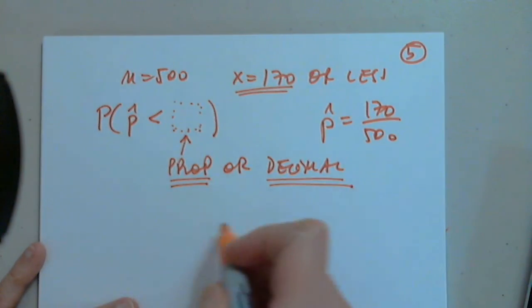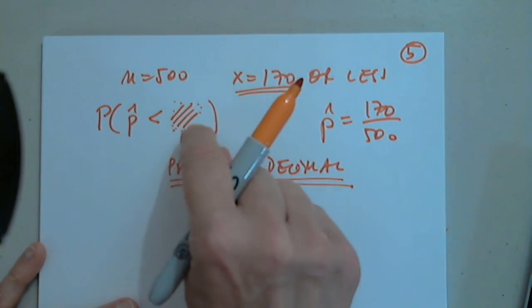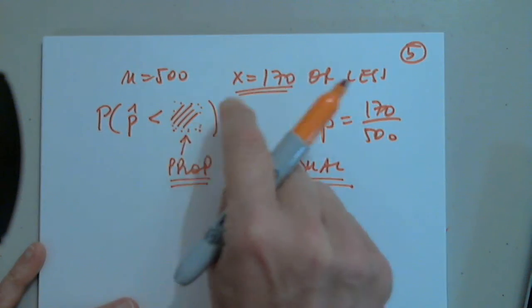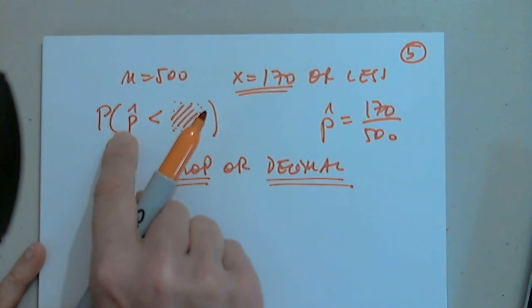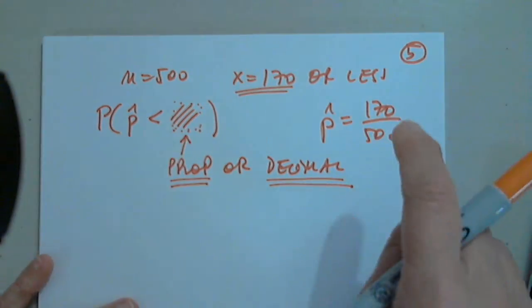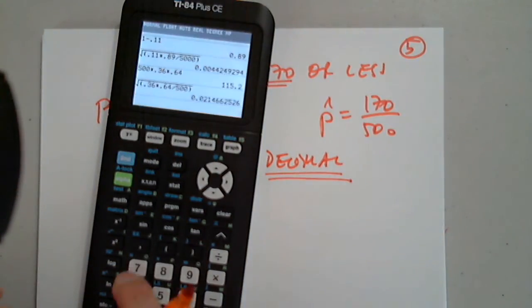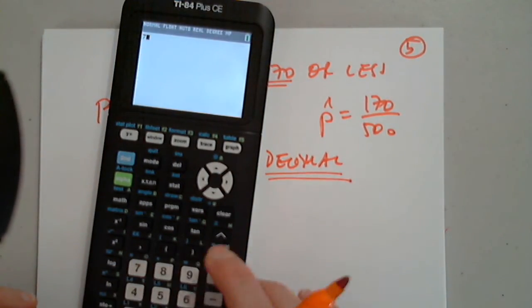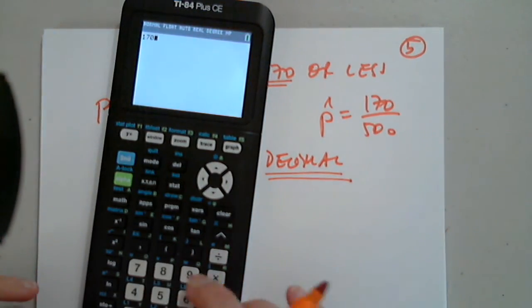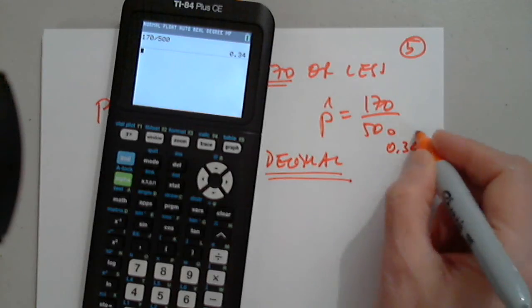This number will have the place in here, not 170. Remember, this is a proportion. So 170 divided by 500 is 0.34.